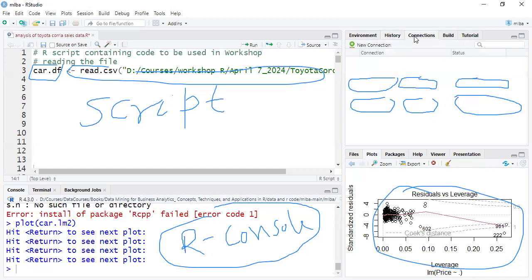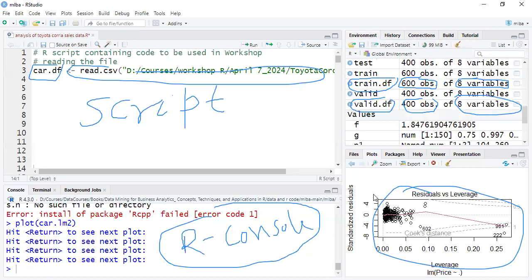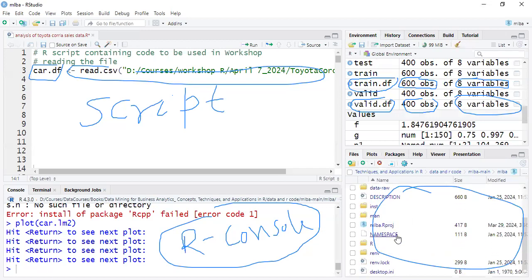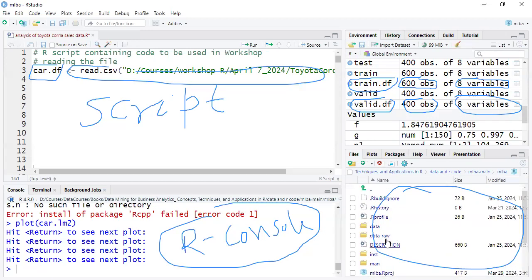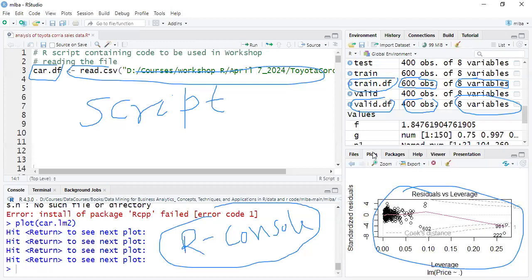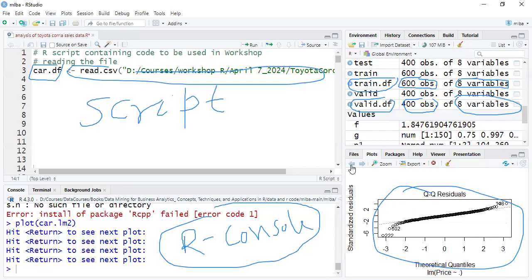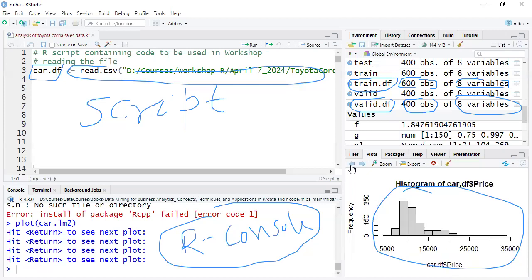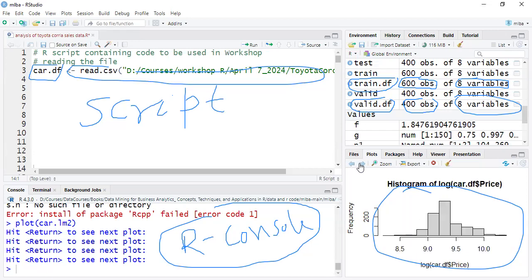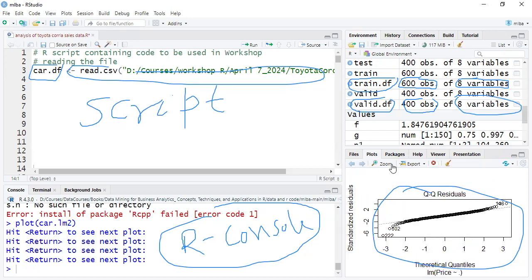You can see the purpose of each and every tab. The last thing in the bottom is the files. All the files in my current folder are mentioned here, including the graphs which I drew previously.